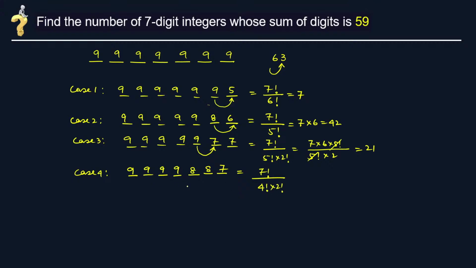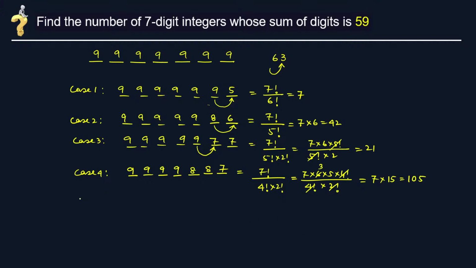Because there are 4 identical 9s, and for the 2 identical 8s, we divide by factorial 2. So the answer is 7 into 6 into 5 into factorial 4 divided by factorial 4 into factorial 2. So factorial 4 goes off, 2 goes off with the 6, leaving 3. So it's 7 into 15, which gives us 105. Am I correct? So this is case 4.